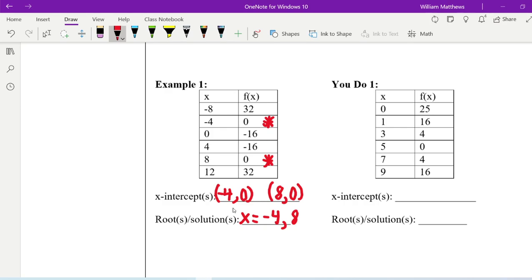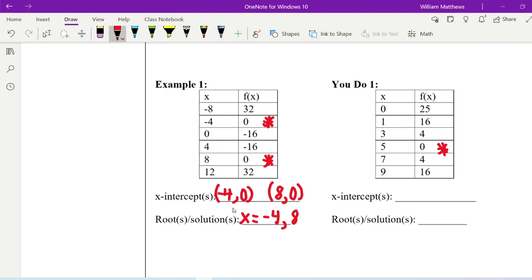Now when looking at a table, sometimes you're only going to see one value or possibly none. That would be our solution. In order to check to see if it is our only value, we need to look around the number. As you can tell, our numbers go down from 25 to 16 to 4.